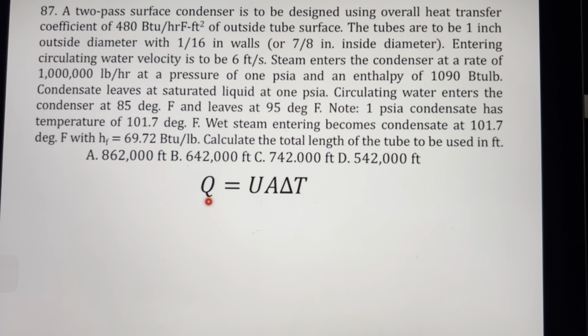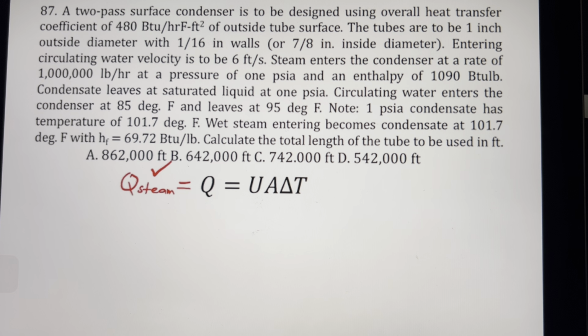So it could be either the heat rejected from the steam, or the heat absorbed by the water. So in this case, let's use the heat rejected from the steam. And that is solvable because we already have the mass of our steam as well as the enthalpies, inlet and outlet.